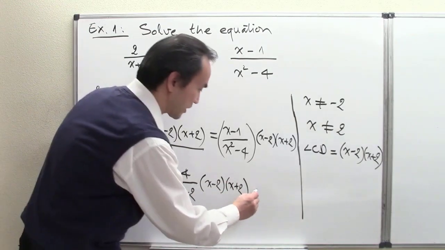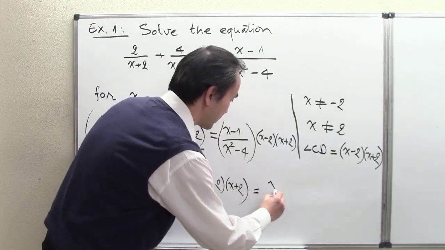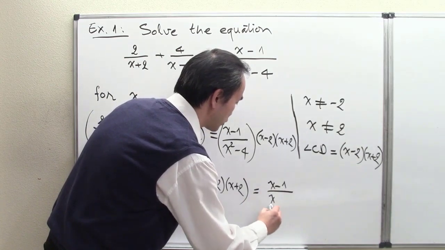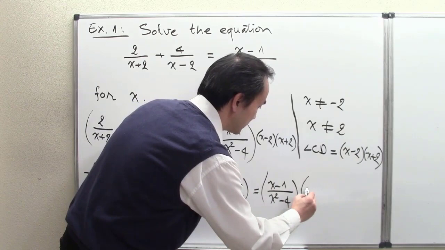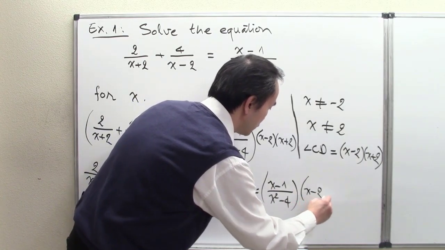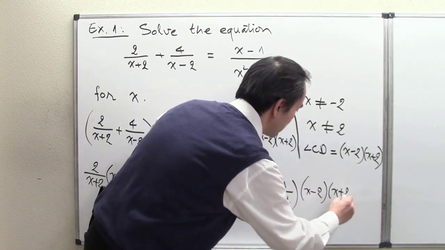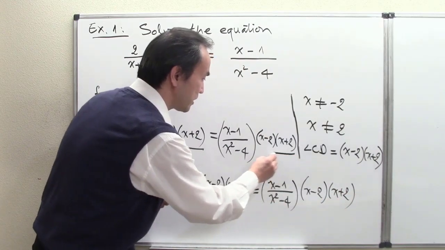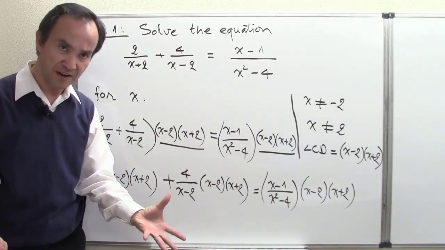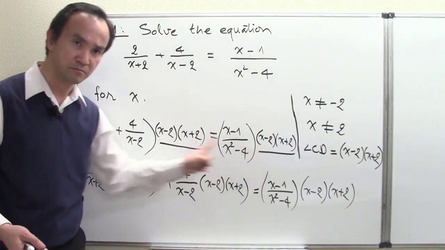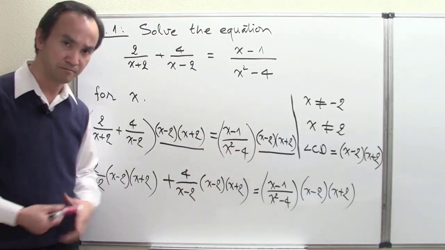And on the right-hand side, x minus 1 over x squared minus 4 will get to be multiplied with the product x minus 2 times x plus 2. So the key here is we treat this product as one entire expression, or one bigger factor, to be multiplied to both sides of our equation.